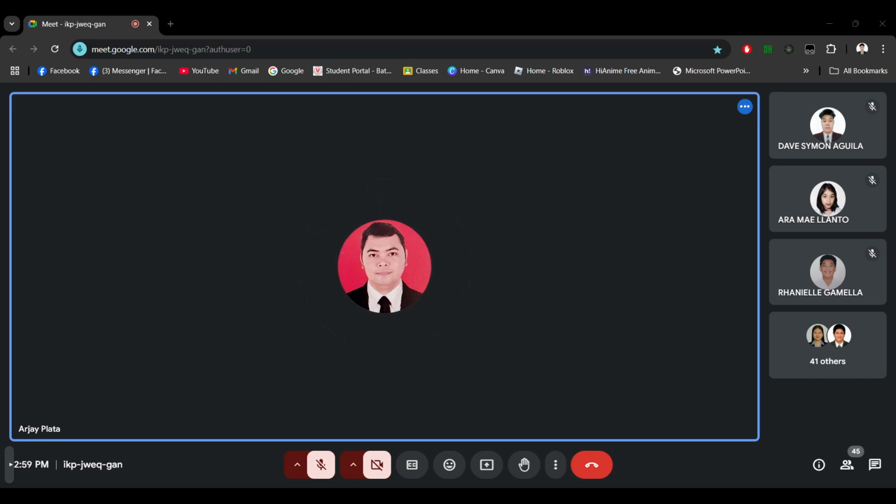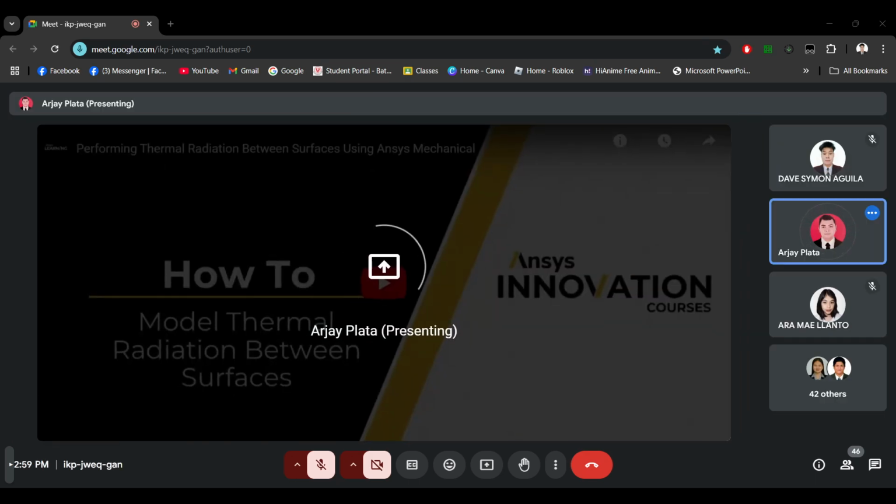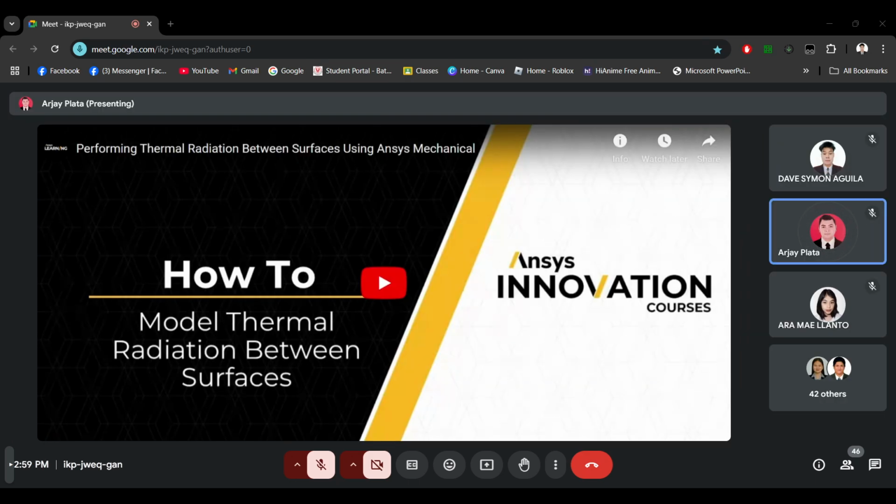Next, we solve for R sub T. So this video is all about how to model radiation between surfaces using ANSYS, but for R of T, there's also a discussion. Since the R of T concept is constant, we can use the inspection method.